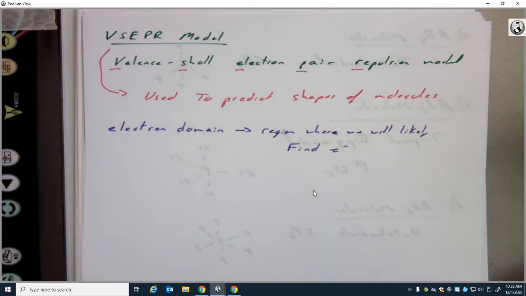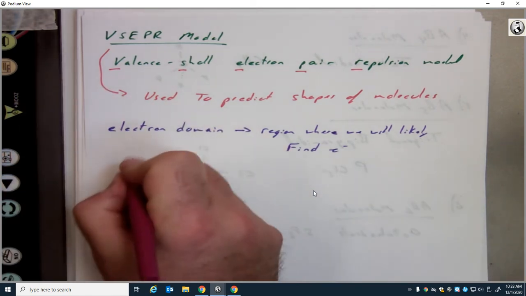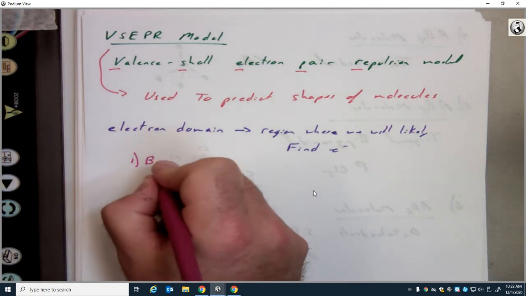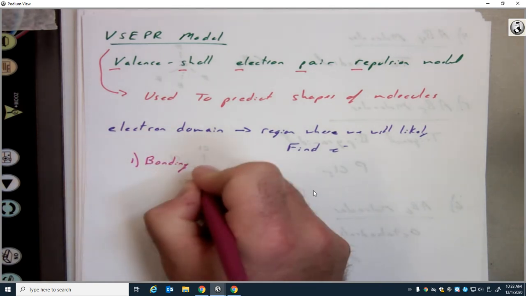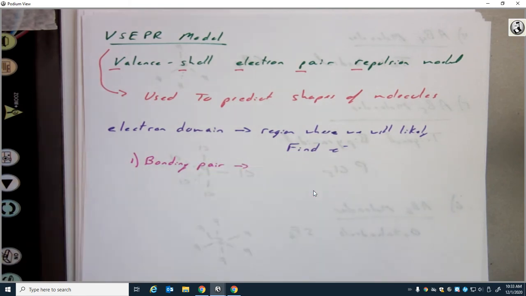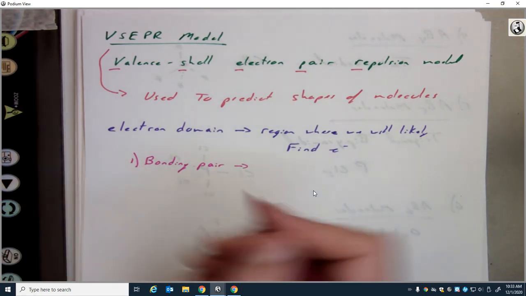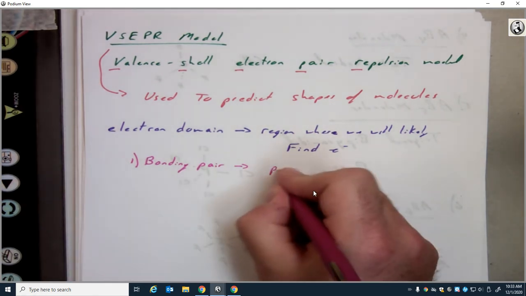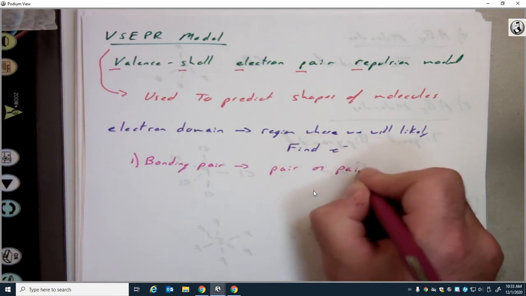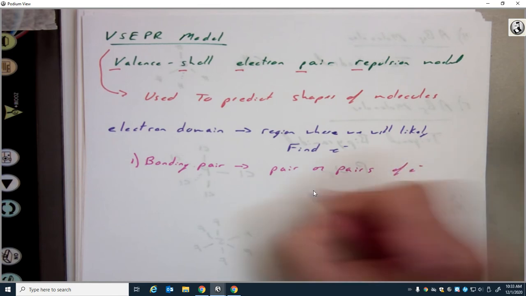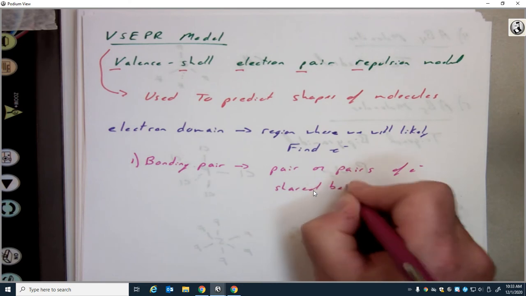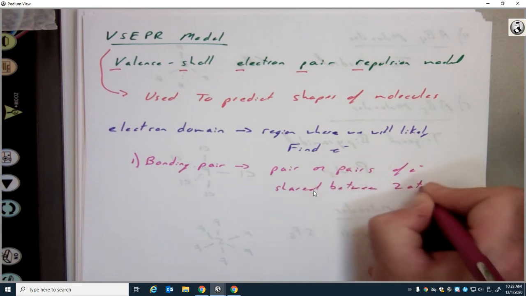Now, there are two types of electron domains. We have bonding domains or bonding pairs. So in bonding pairs of electrons, this is where we have a pair or pairs of electrons shared between two atoms.